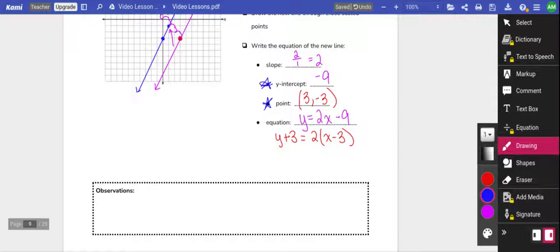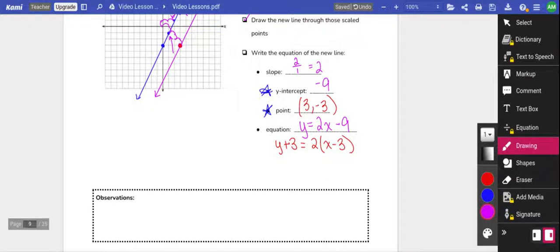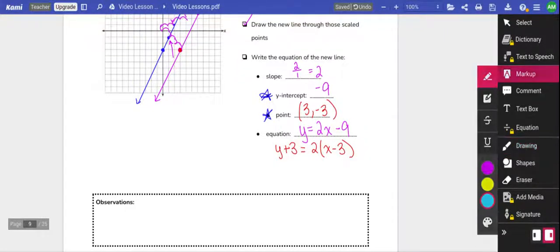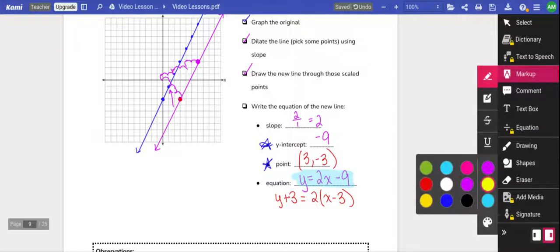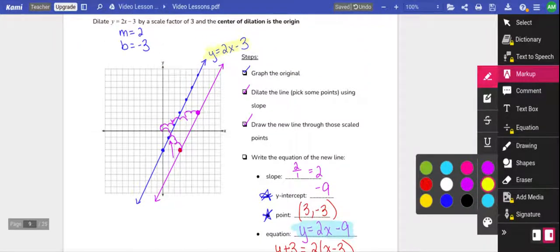Can you make any observations? What's true about the equation of this line, my image, compared to the equation of my pre-image?